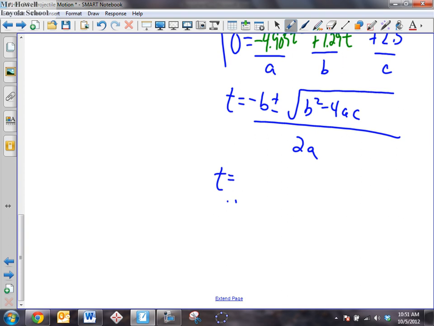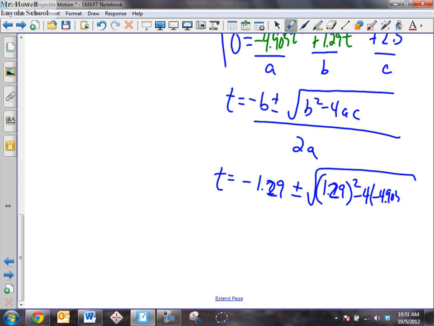T equals, negative b is negative 1.29 plus or minus the square root. B squared is going to be 1.29 squared. Minus 4 times A, which is negative 4.905, times C, which is 2.5, all over 2A.